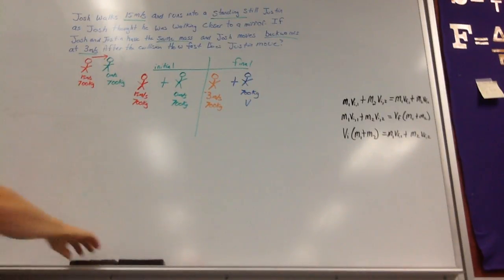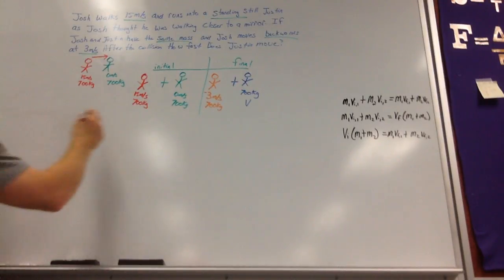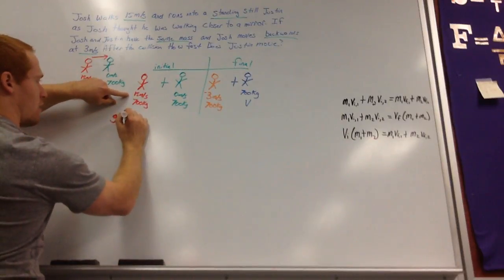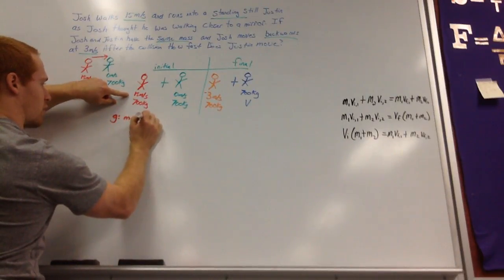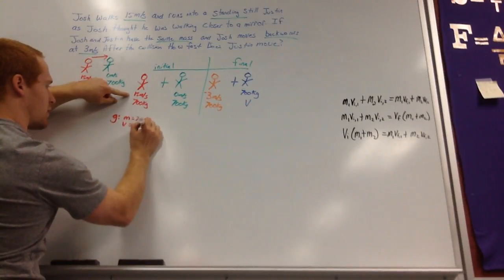So real quick, I'll write down our givens, unknown, and equations. Givens: we're going to have mass is 700 kilograms, velocity 15 meters per second.